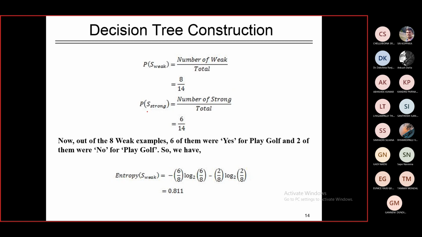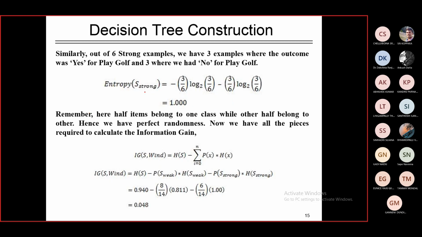Therefore the entropy for weak is 0.811, and for strong we get 1. Here 1 means the entropy is highest, it reaches the upper bound.